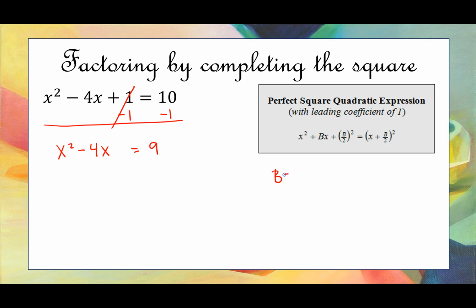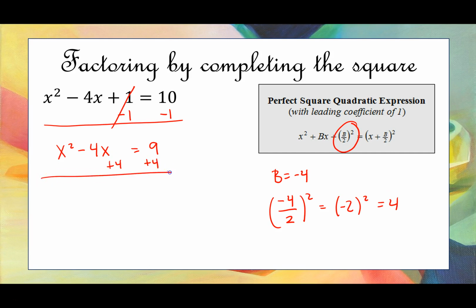My b I'm going to identify as negative 4. And so now I need to calculate b over 2 squared. So that's going to be negative 4 over 2 squared, which gives me negative 2 squared, which gives me 4. So I'm going to add 4 to both sides. So now I'm going to have x squared minus 4x plus 4 is equal to 13.